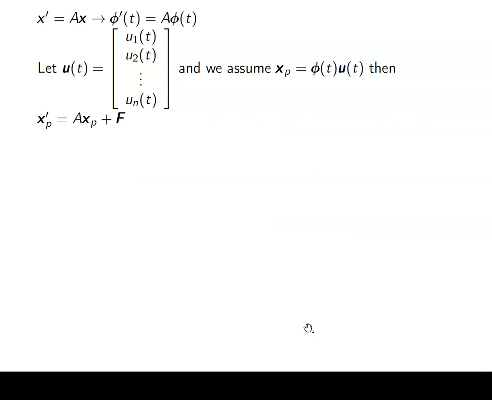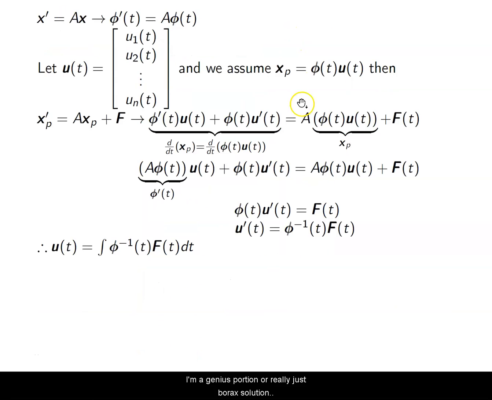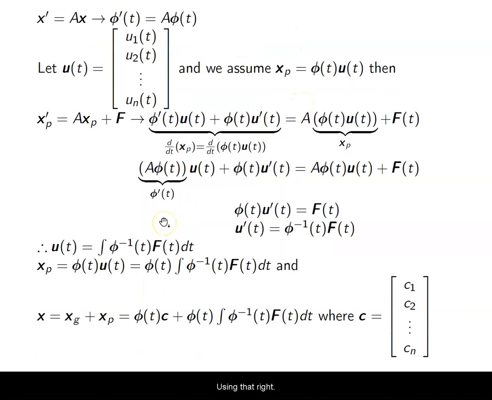We know that x written like this can be split apart: phi of t times my coefficient vector is the solution for our homogeneous portion. So this is our C, we already talked about that. This is my particular solution vector, and this is my general solution vector.